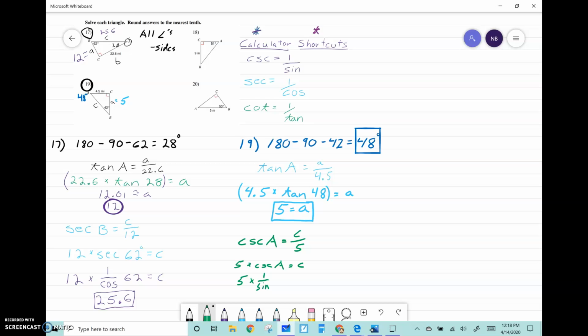Angle A is 48 degrees equals C. All right, I'm going to move my work over here. And I'm going to put everything right here into my calculator. I'm going to type in 5 times 1 over sine 48. And I will get what C equals. And we get C equals 6.7.